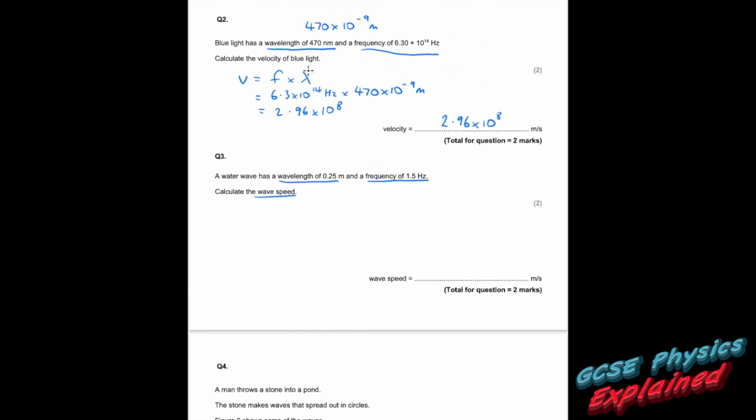Question 3. A water wave has a wavelength of 0.25 meters and a frequency of 1.5 hertz. Calculate the wave speed. Right, it's exactly the same as the question you've just done. This is what I'm saying. They use the same questions or similar each year. In a previous year this was worth 2 and it's still worth 2, yet it's easier this year because you haven't had to convert the nanometers.